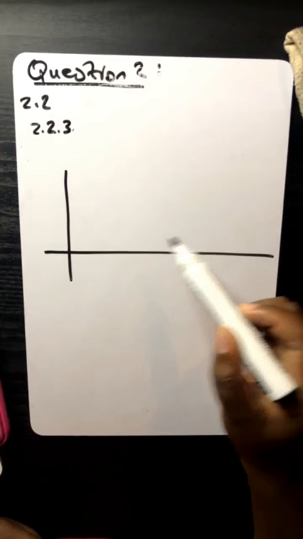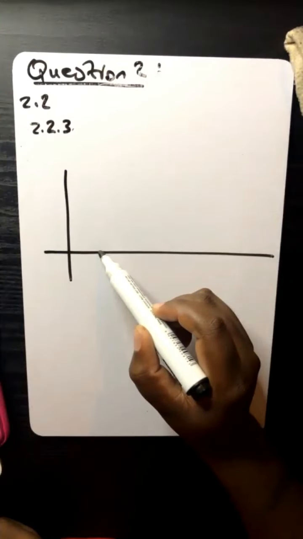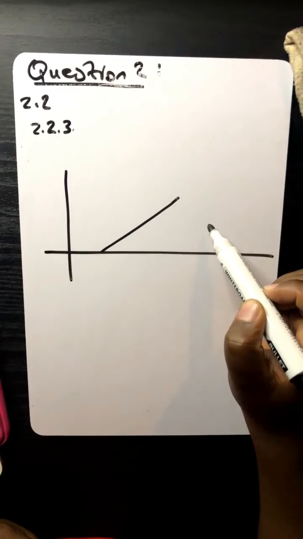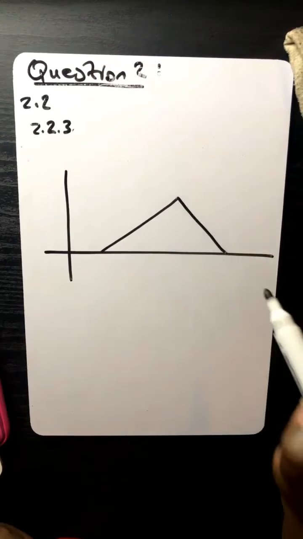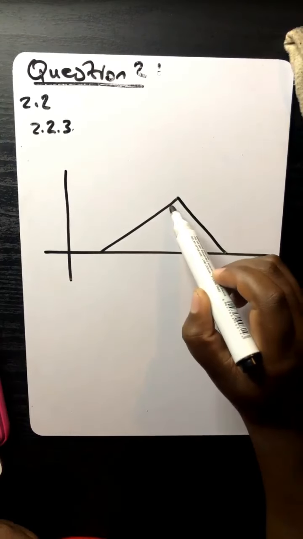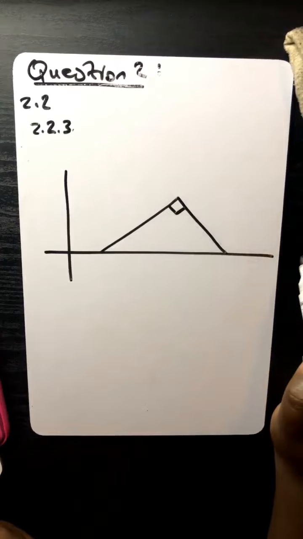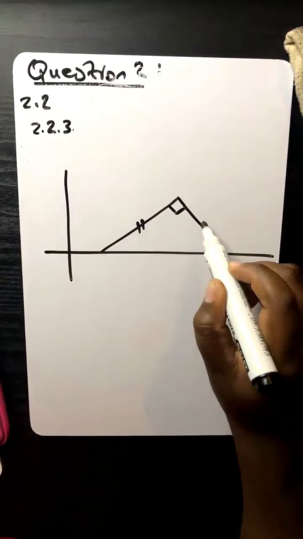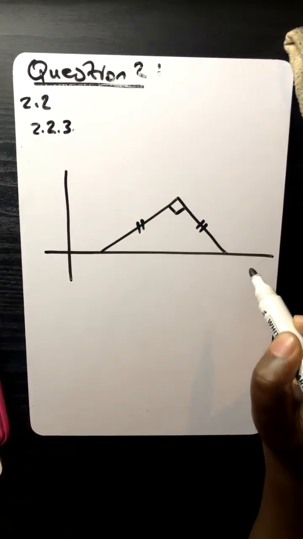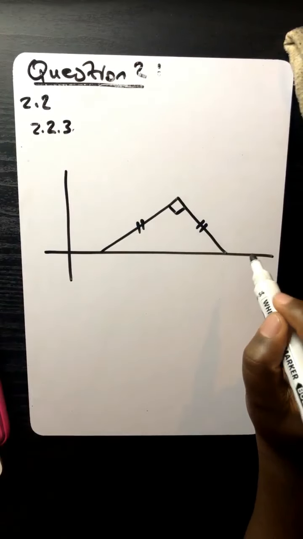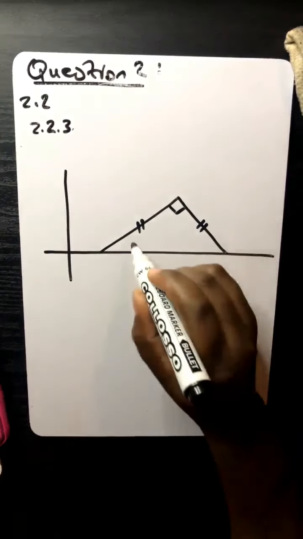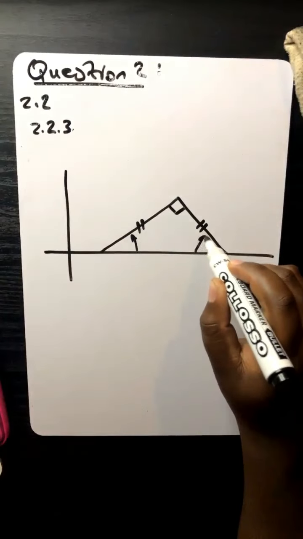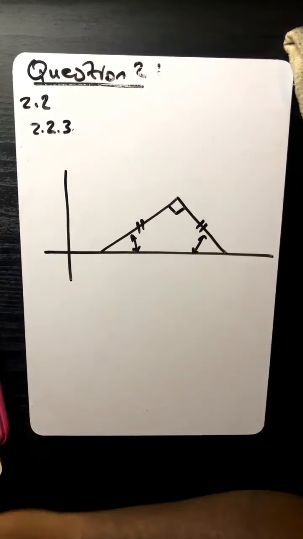If, for example, we have a line and another line there, and this is 90 degrees, and they say this is equal to that, does it mean this angle is equal to that angle? Is that true what I'm saying there?